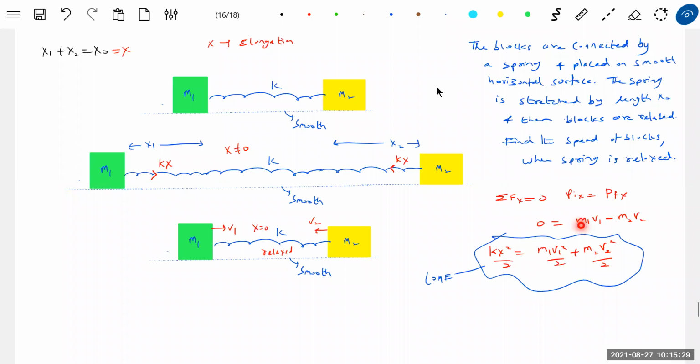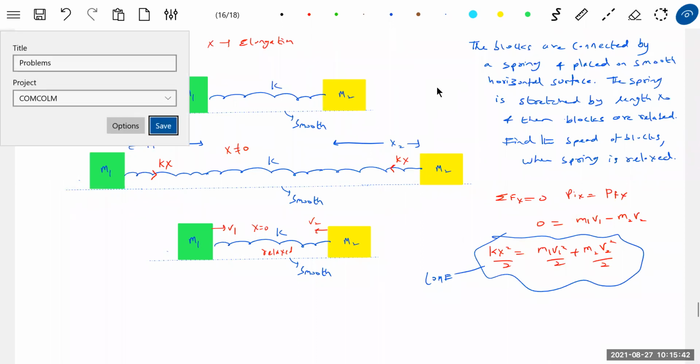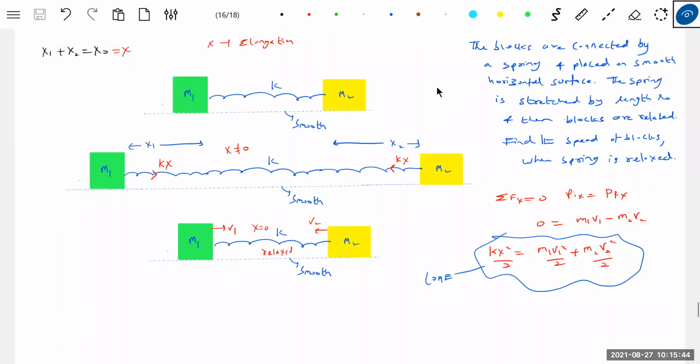Momentum is not bothered about the nature of force. Momentum is all about net external force, zero or non-zero. In the direction in which it is zero, in that direction you can apply it. This is what a student has to observe here. v1, v2 are two unknowns, solving will get the required answer.